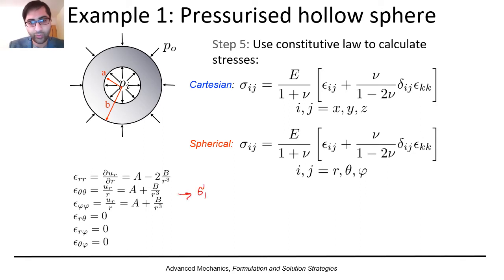For sigma rr, we have E divided by 1 plus nu, epsilon rr, which is a minus 2b divided by r to the power of 3, plus nu divided by 1 minus 2 nu, delta rr, which becomes 1, epsilon kk, which is the trace of the strain tensor.